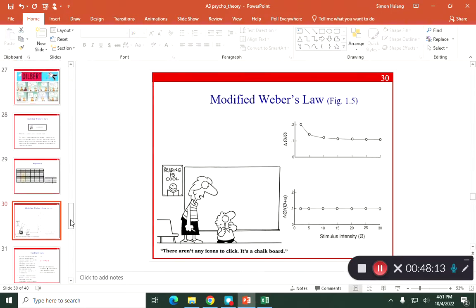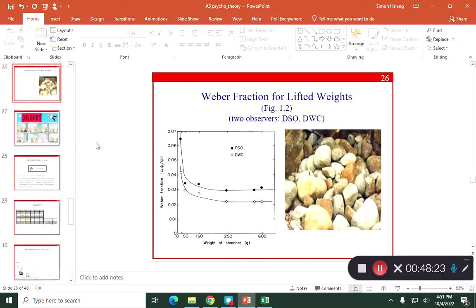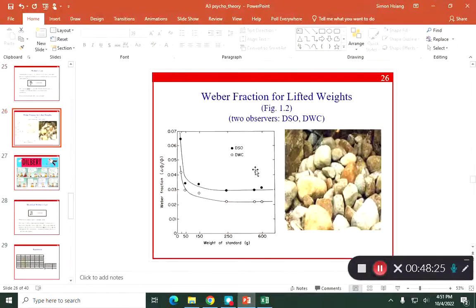And why you do that is then you can do a modified Weber's law. What does modified Weber's law look like? Weber starts with his Weber's law, and he said that something's wrong. When you look at the data, you see the constant, but before the constant there is an initial region.